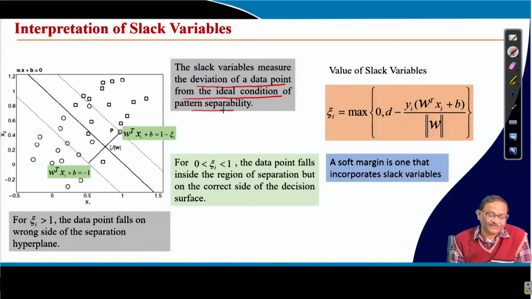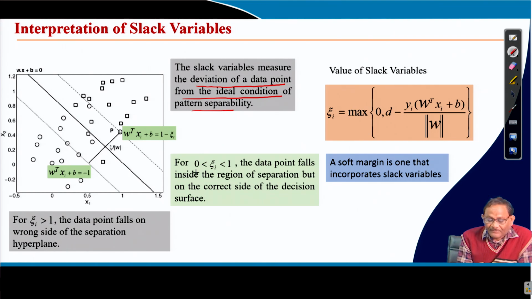Some observations are within the margin hyperplanes, or they are on the opposite side of the hyperplane, and this deviation has to be taken care of. If you want to do this, then the slack variable is introduced, and the slack variable is the measure of that deviation.